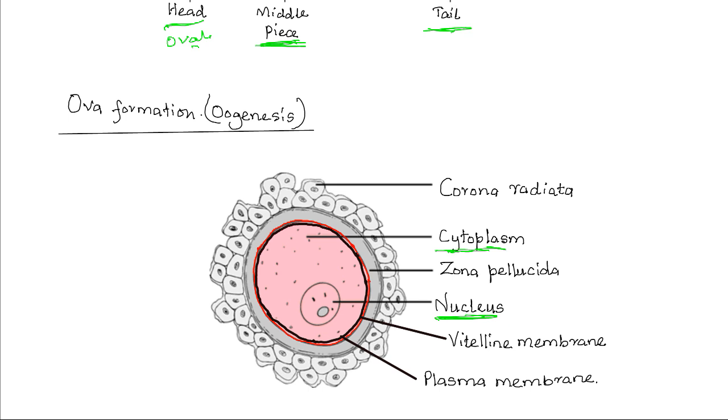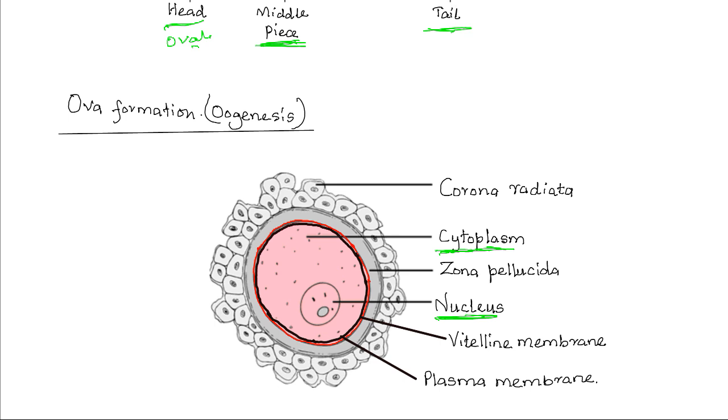The cytoplasm also contains food reserves in the form of yolk proteins, which provides nutrients during the early stages of development. Now, the human ovum does not contain as much food reserves as in the case of, say, the oviparous eggs, like the eggs of birds that contain a lot, because the embryo develops outside the body, so the food reserves are quite substantial.